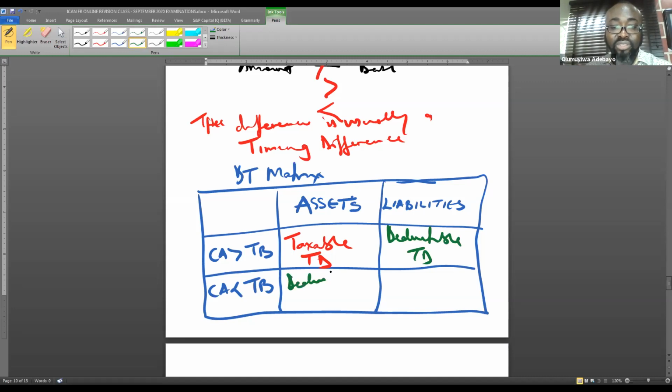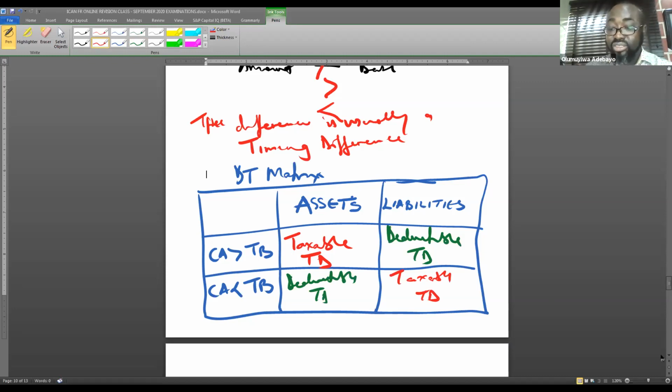Deductible. Now, again, the same philosophy holds. If for a liability, it is deductible when the carrying amount is greater than the tax base, what will it be if it is less than the tax base for that same liability? It will be the opposing position of being taxable. And that is what we're trying to explain.